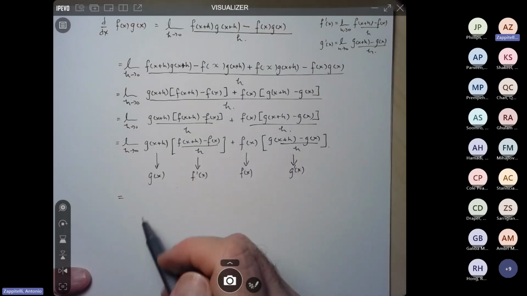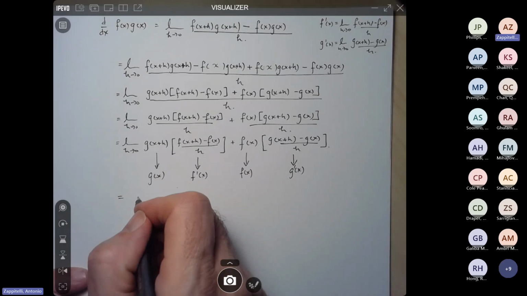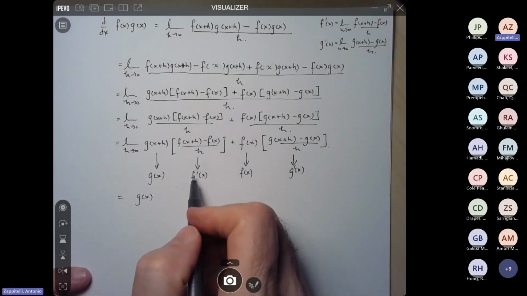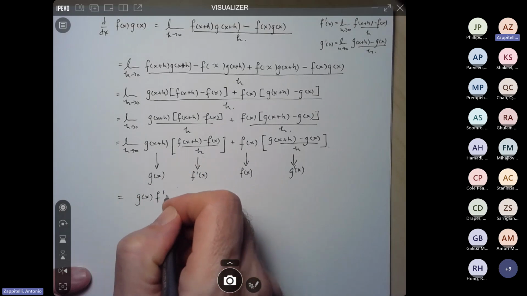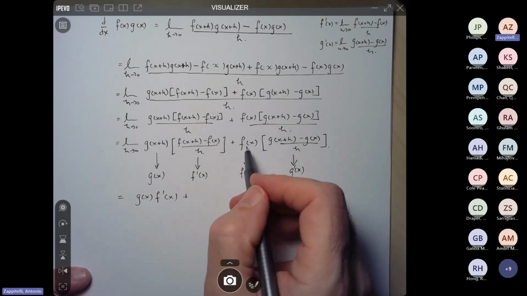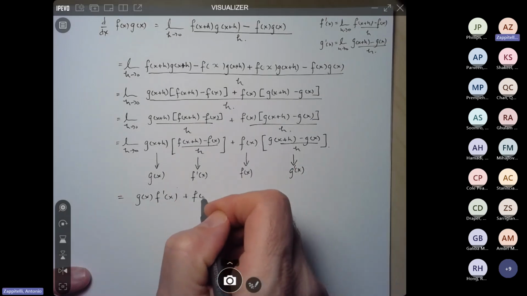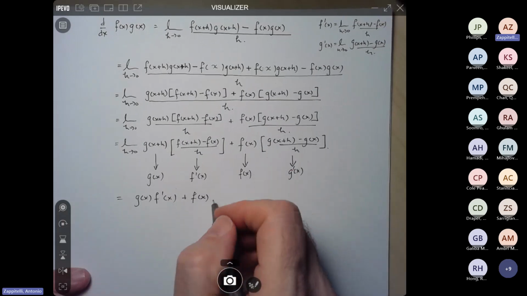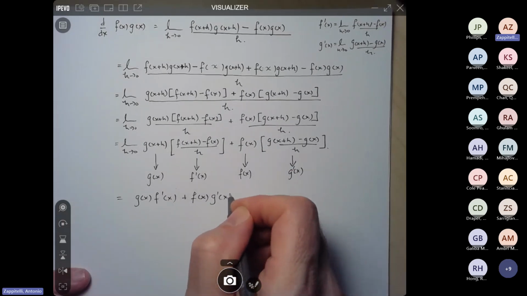Well, the first expression just approaches g of x. The second expression approaches f prime of x. Then plus, this just stays the same, approaches f at x. And this expression approaches the derivative of g of x.